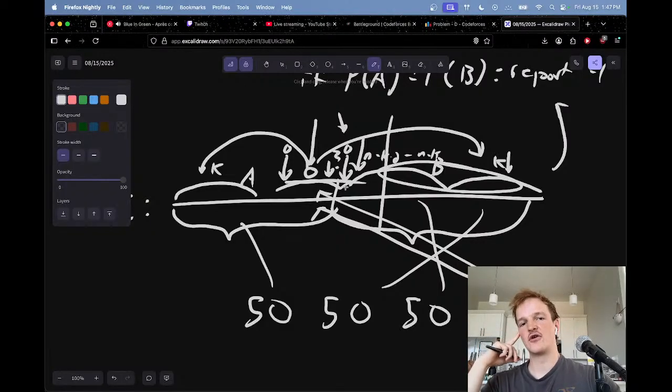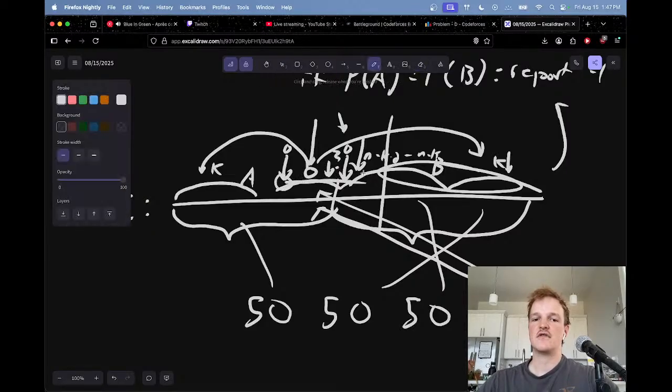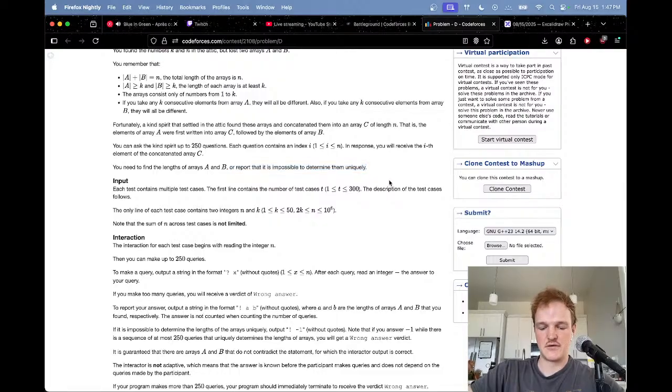So iterate through every single point, and then you would need to determine either there's going to be an exact pivot where an index I minus 1 needed to be A, and I needed to be B, or if that never happens between this instance where it's A and this instance where it's B, then there's not a uniquely determined partition.